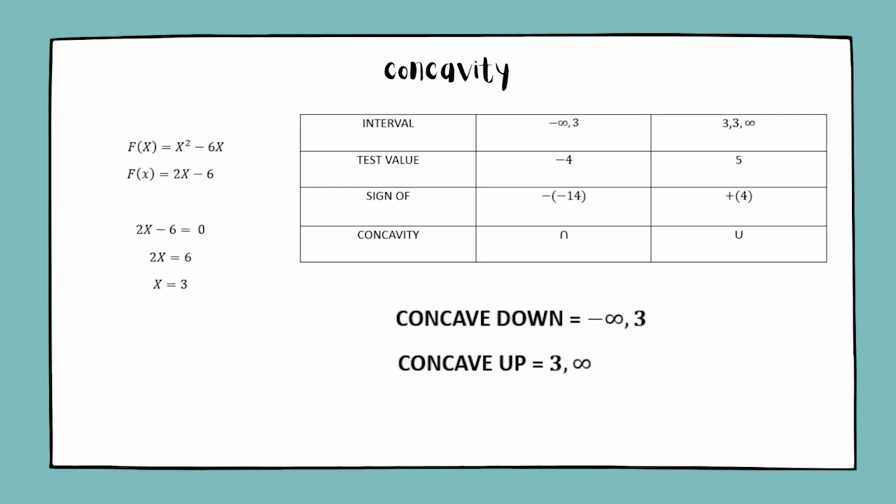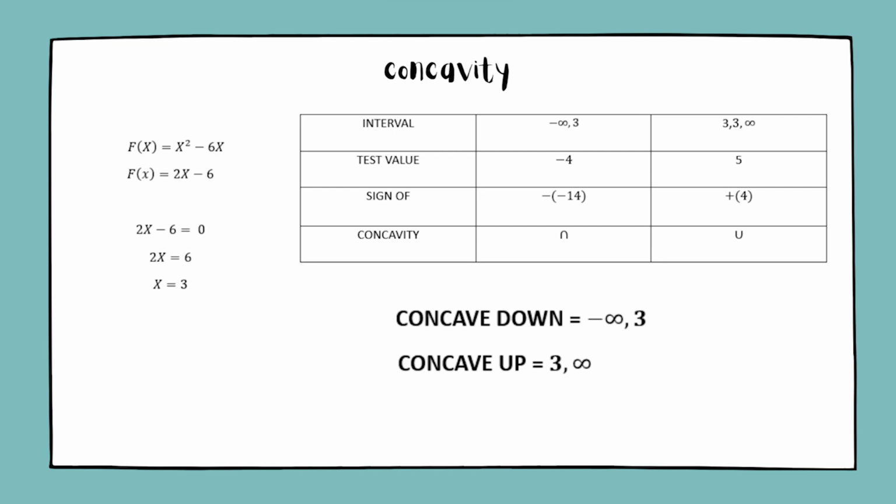After that, we find the sign, which is based on 2x minus 6. After that, we get the concavity by referring to the sign. If the sign is negative, the concavity will be shaped like a sad face.